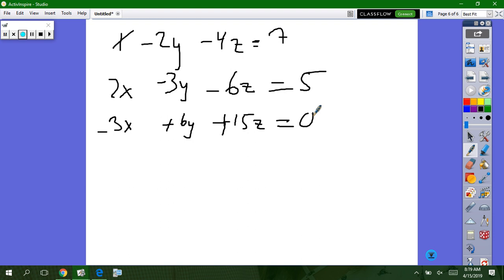Okay. So our first thing that we're going to do is set up our matrix equation.